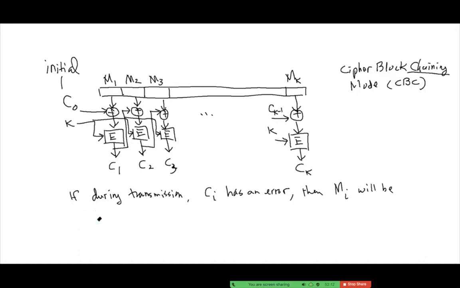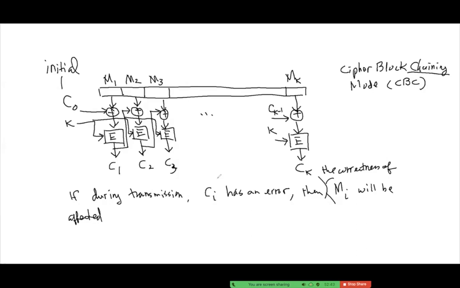We're not talking about virus here. We are talking about getting the correct Mi. That means the correctness of Mi will be affected because Ci, when we apply decryption on it, will be affected.